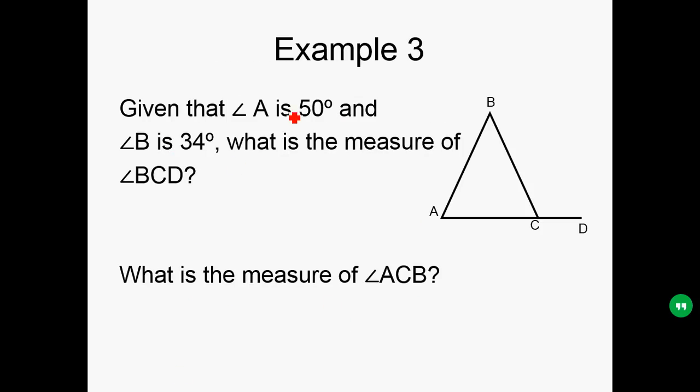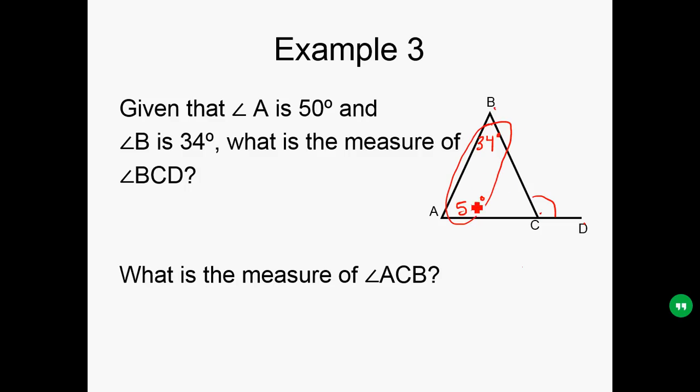So given that angle A is 50 degrees, angle B is 34 degrees, then what is the measurement of BCD? In other words, this exterior angle out here. The measurement of angle BCD, since that's an exterior angle, is equal to the sum of these other two angles.